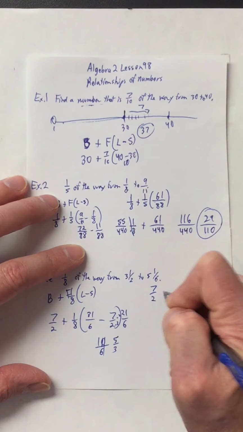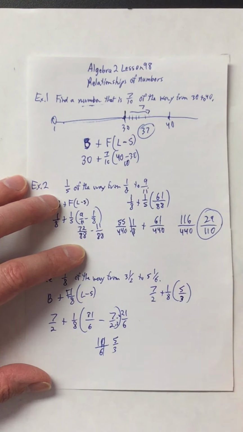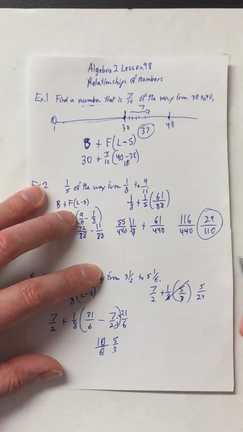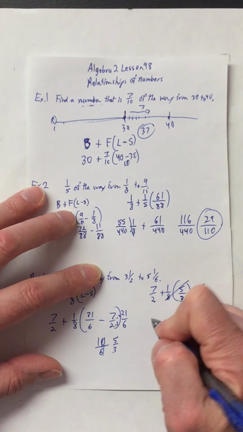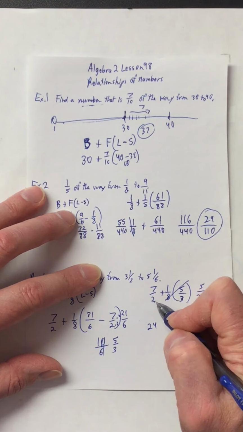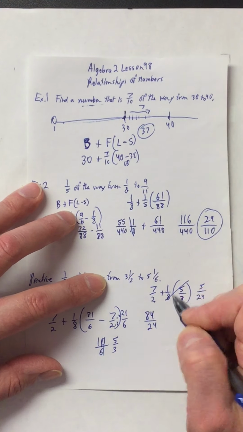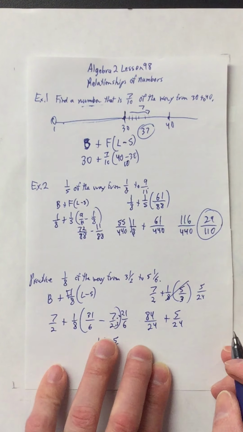I got 7 over 2 plus 1/8 times 5/3. Okay, multiply this out. I get 5 over 24 plus my 7/2. Got to change this to the same denominator, so 24, so I multiply by 12. 7 times 12 as well. 84 on top, so I've got myself set up like that.